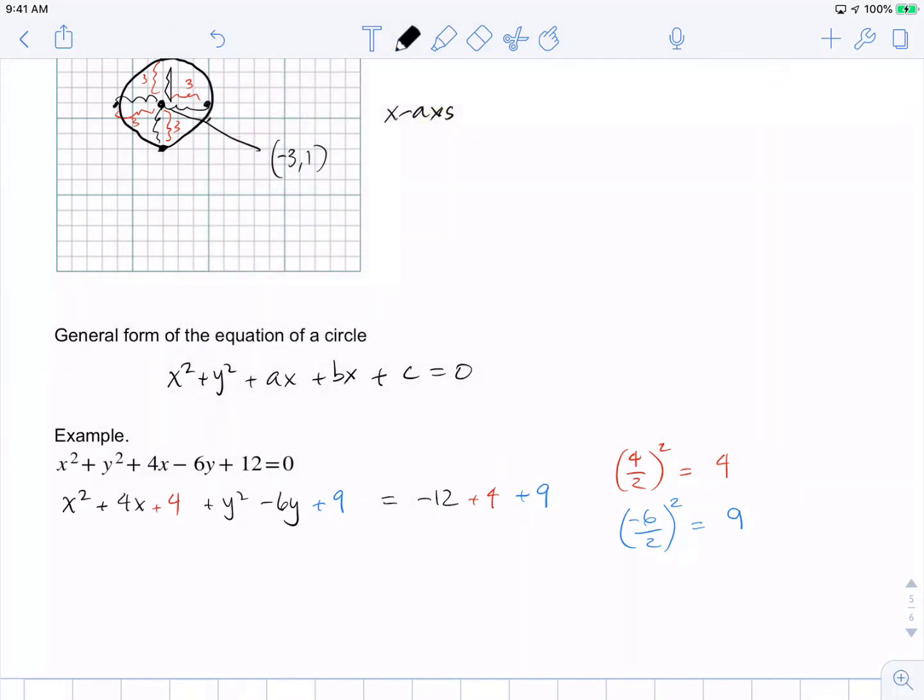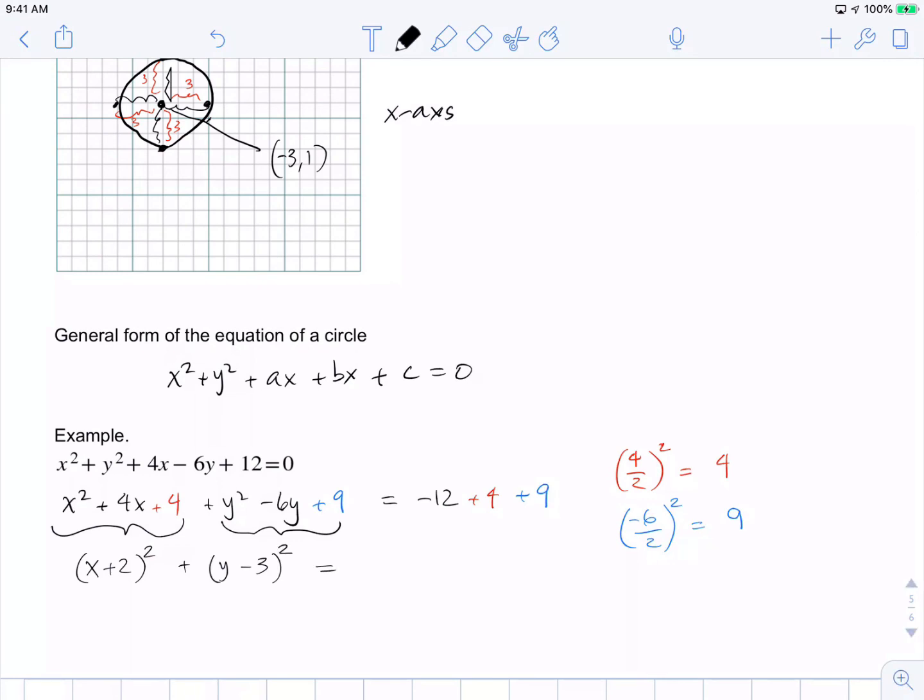Okay. So then, this now is a perfect square. It's going to end up being x plus 2 squared, and we can talk about factoring if you need me to, no problem. Just ask. And then this one here is also going to be a perfect square because we completed the square. And we're going to get y minus 3 squared.